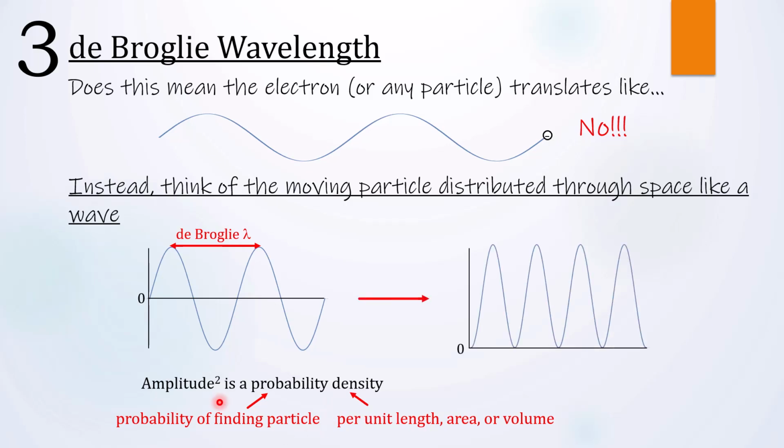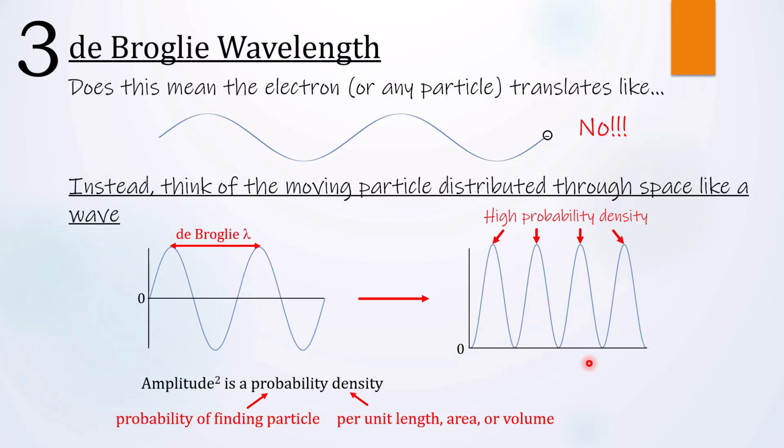So like I said, if you square the amplitude, in other words, if I square this wave, the negative values down here, in these regions where I have negative amplitude, are all going to become positive. And the regions where you have the high probability density are in these regions here.